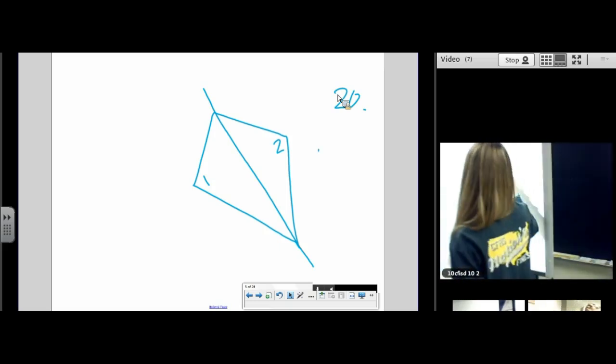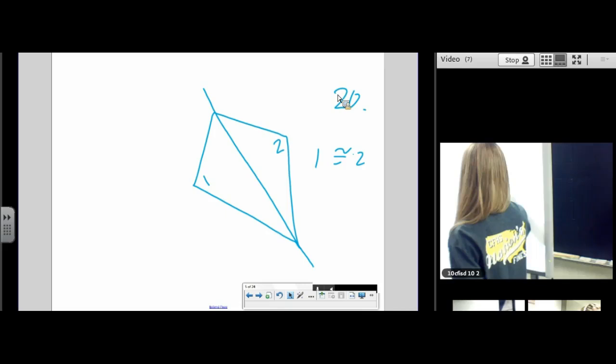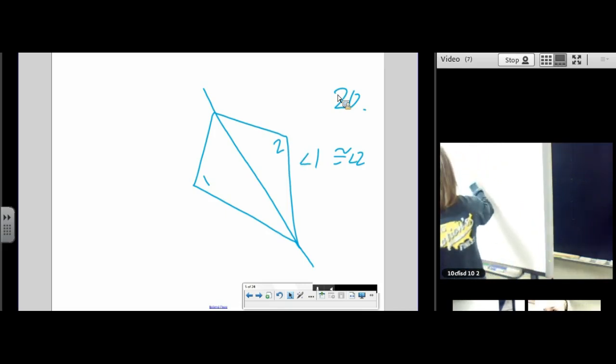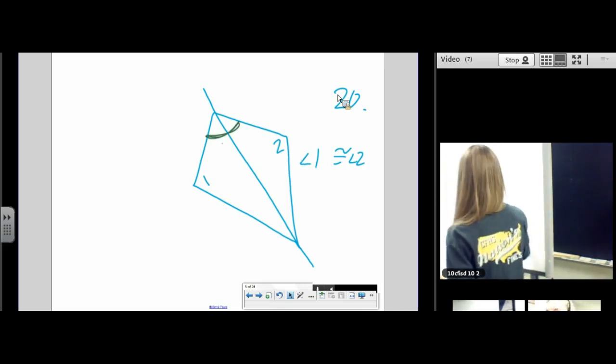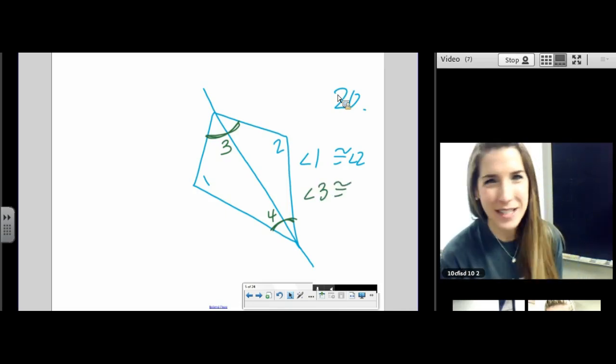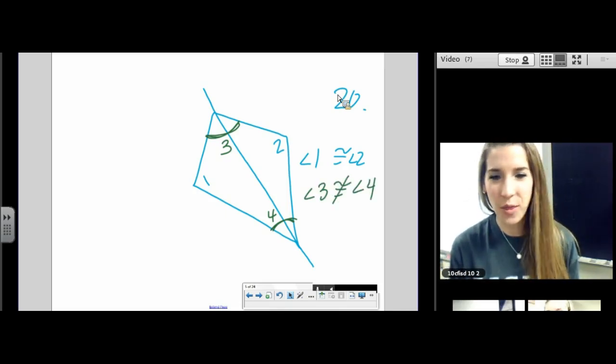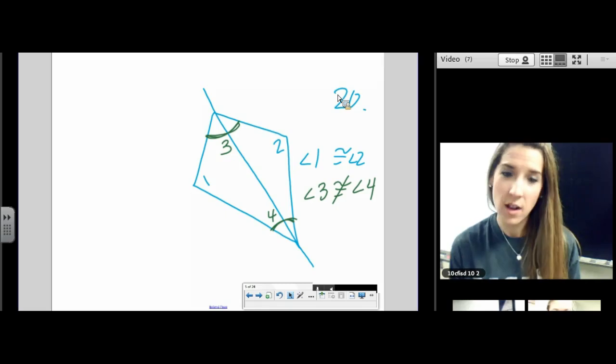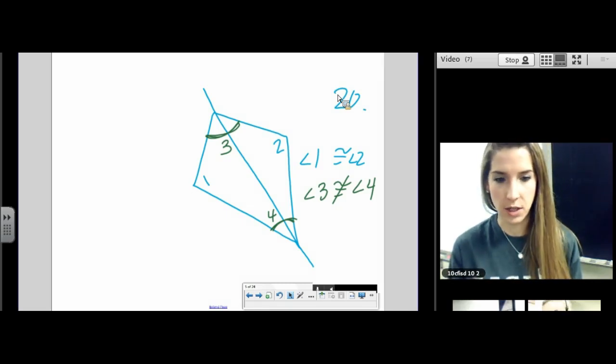Okay? Angle 1 is congruent to angle 2. But angle 3 is not congruent to angle 4. So that's why both pairs of opposite angles are not congruent. Angle 3 is a different measure than angle 4, whereas angle 1 is congruent to angle 2.